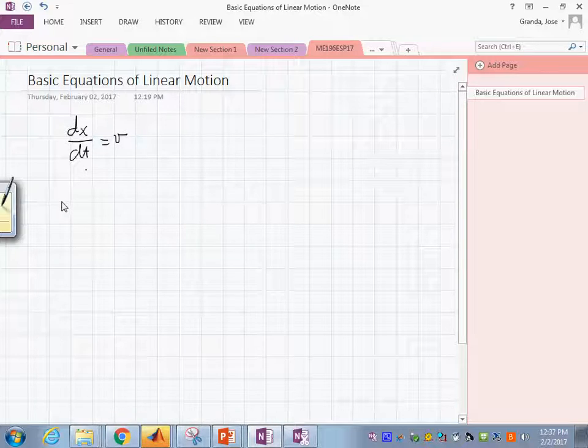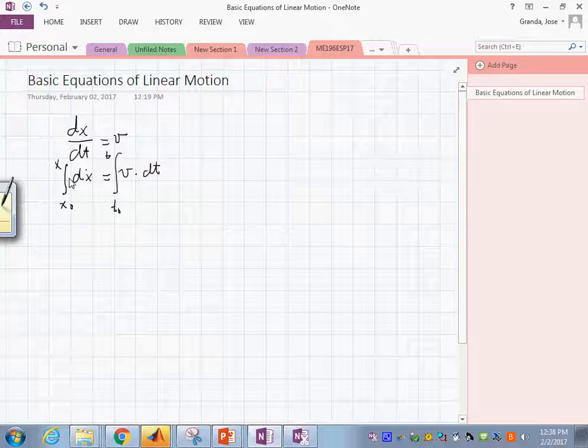So we can actually write this way: dx is v times dt, like this. So if v is a constant and we integrate this between x0 and x, and we integrate this between t sub 0 and t, you will see that this is the integral.